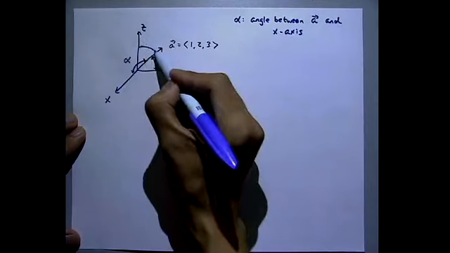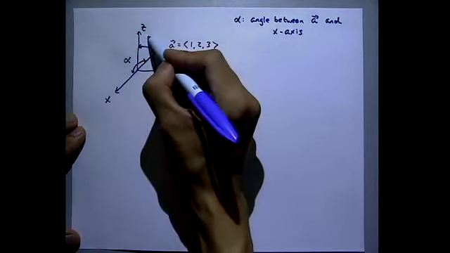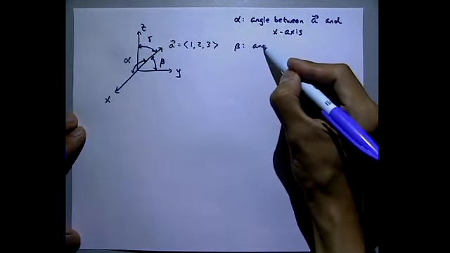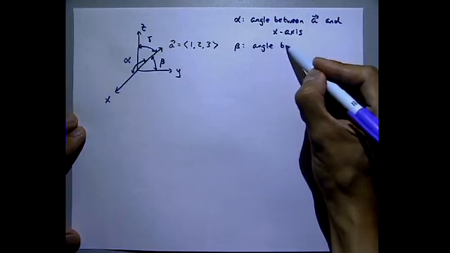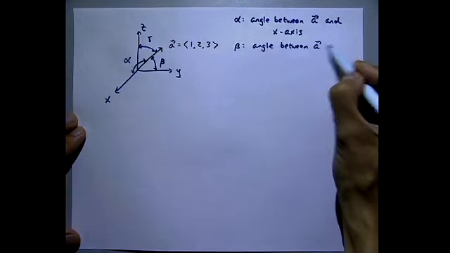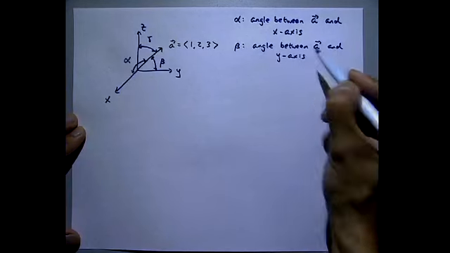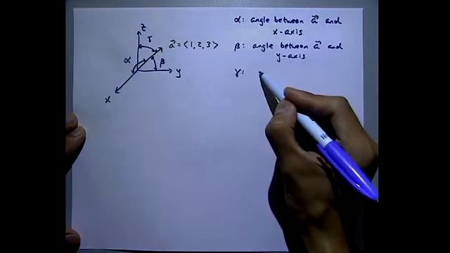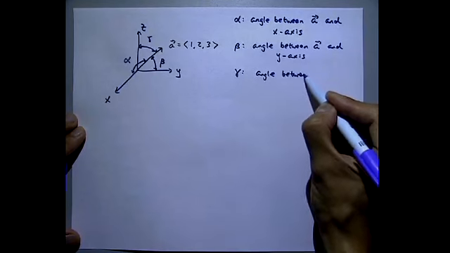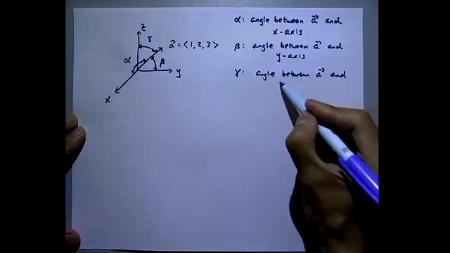And finally, the angle between the z-axis and the vector A, we'll call that gamma.